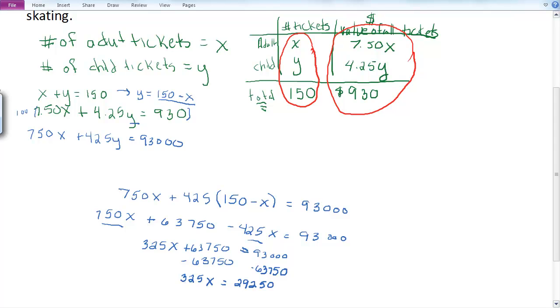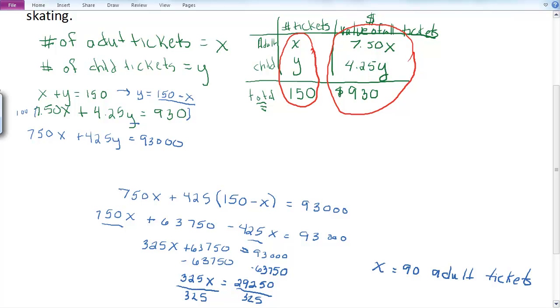Divide both sides by 325. And what we have is that x is equal to 90. So what we have here is 90 adult tickets.